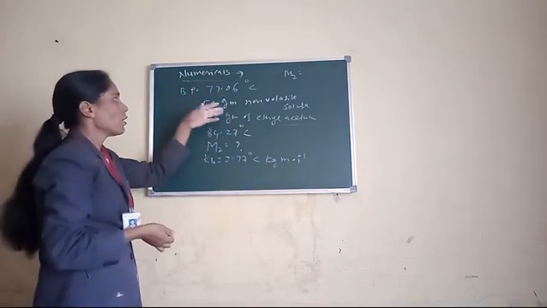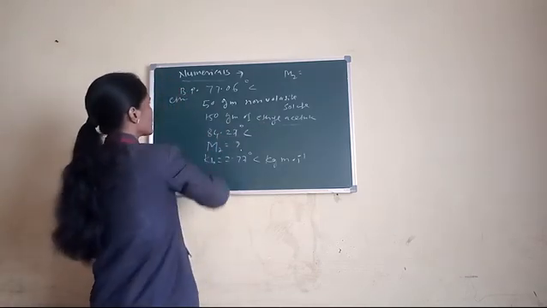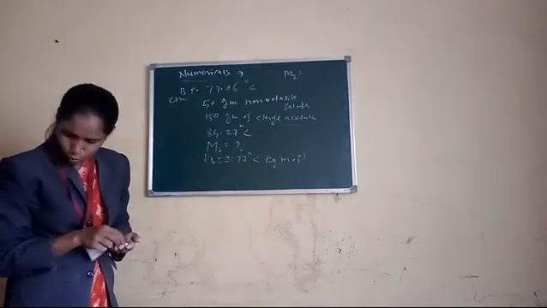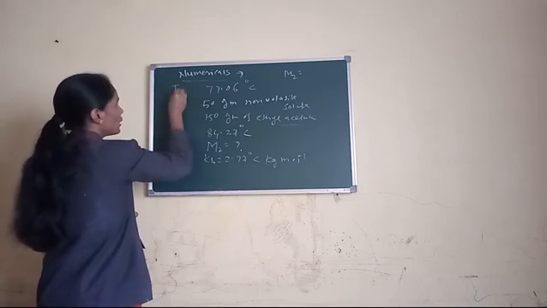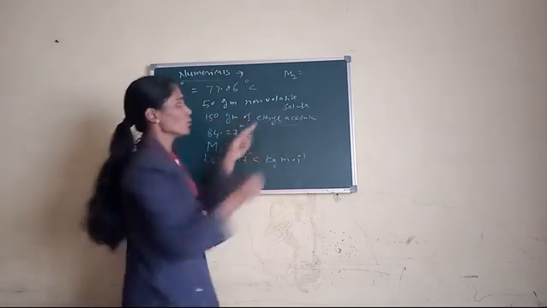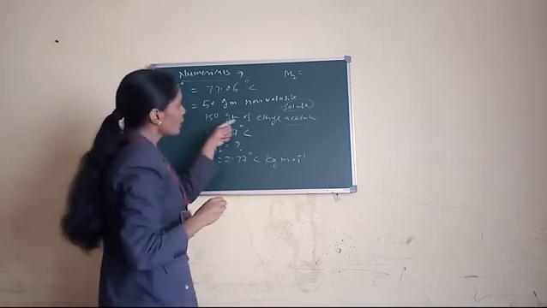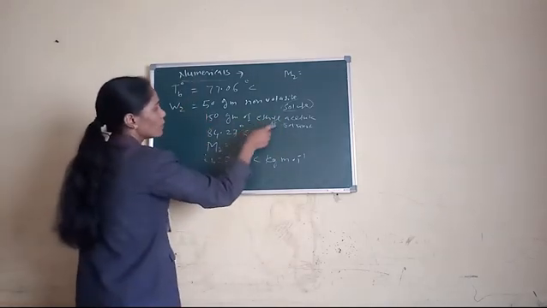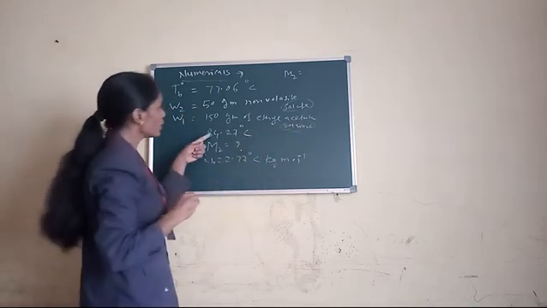This is the data: boiling point of ethyl acetate, the solvent, is 77.06 degrees Celsius, denoted by TB naught. 50 gram of non-volatile solute means weight of solute, W2. 150 gram of ethyl acetate, the solvent, weight W1.